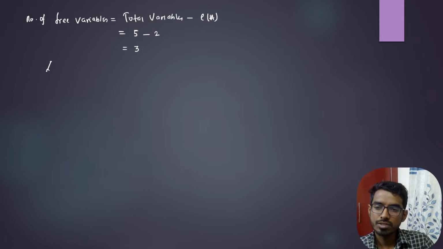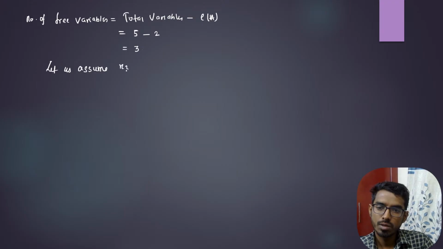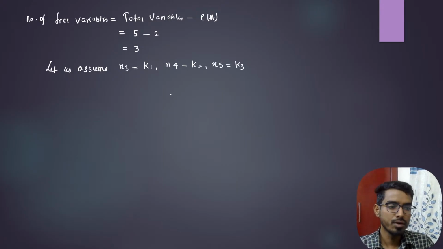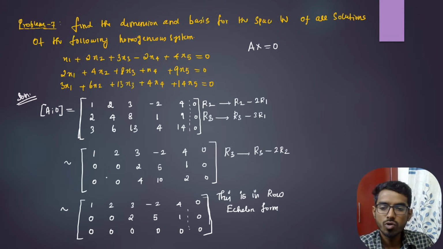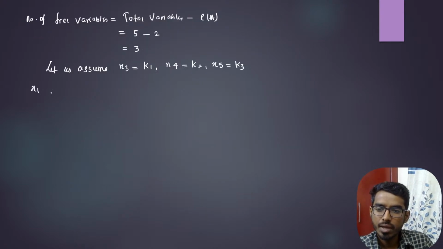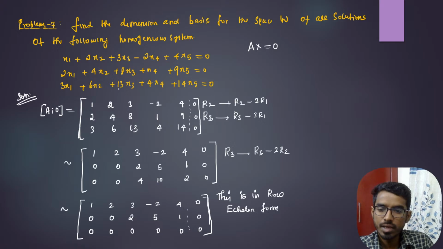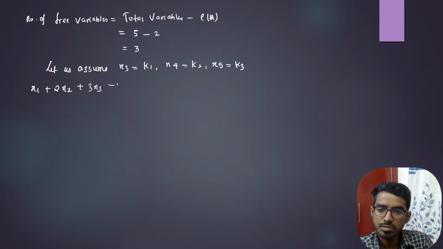So let us assume x3 to be equal to k1, x4 to be equal to k2, x5 to be equal to k3. So we can assume three free variables on our own. Let us solve for the rest. So we have two equations now. The first equation is x1 plus 2x2 plus 3x3 minus 2x4 plus 4x5 equal to 0.